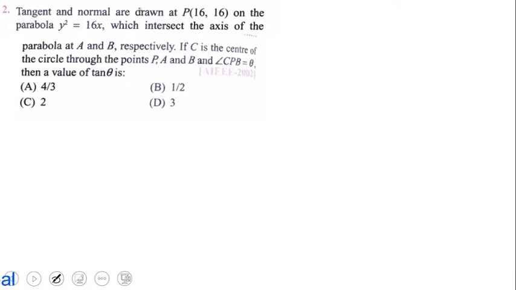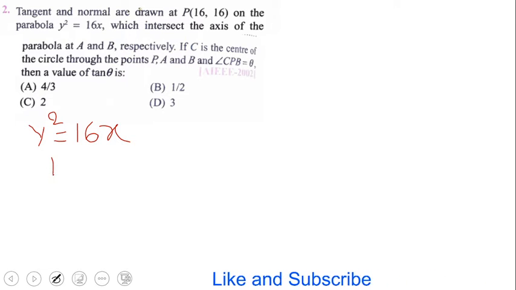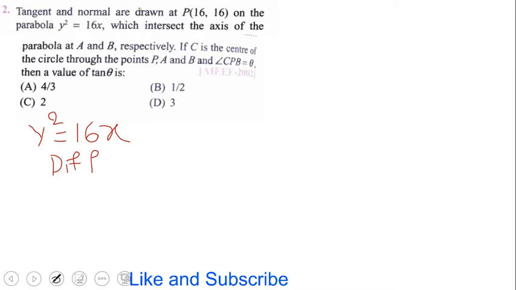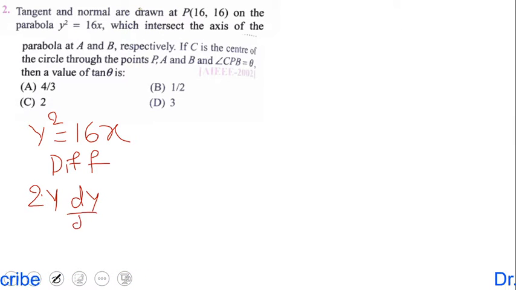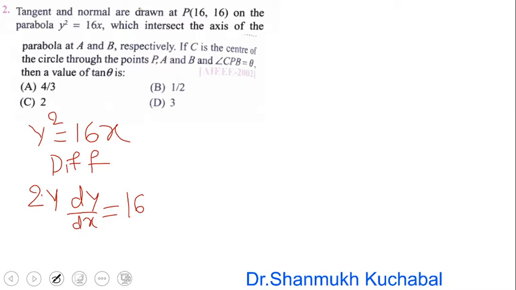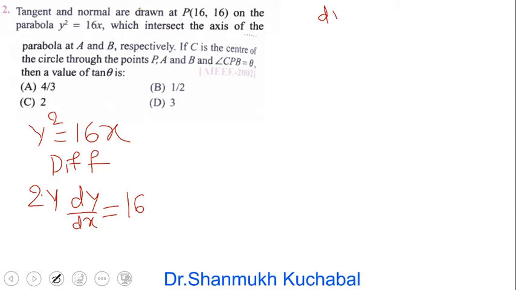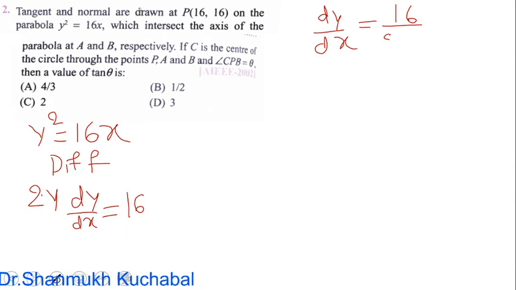So the given parabola is y² = 16x. Another way of telling a parabola is that it is a curve. So remember, dear students, now I differentiate this. The differentiation of y² is 2y, and y is a dependent variable, so I multiply by dy/dx. This is equal to 16x, whose differentiation is 16 into 1. Then we write the solution for dy/dx, so we get dy/dx as 16 divided by 2y.